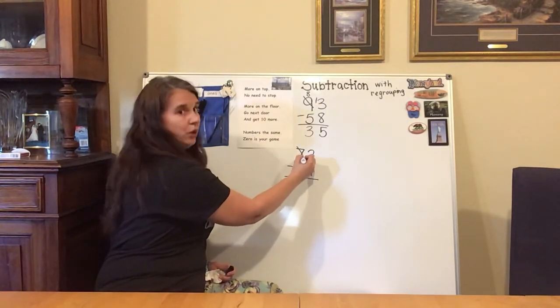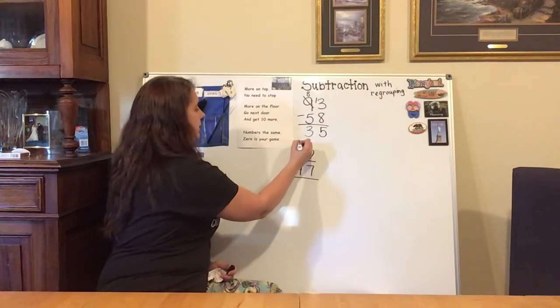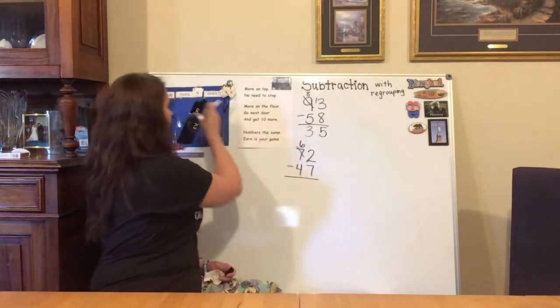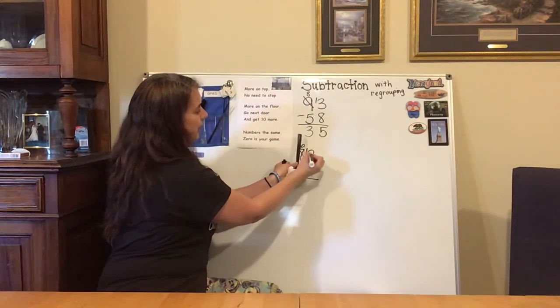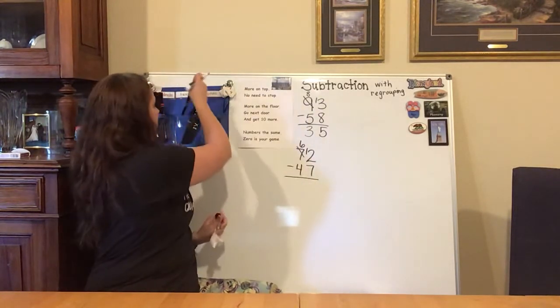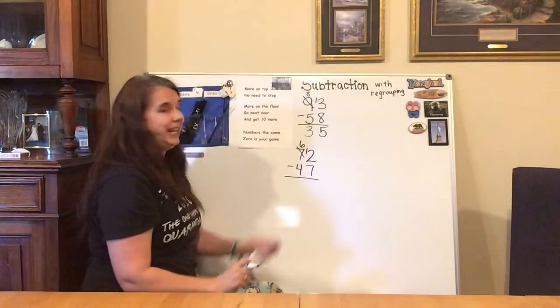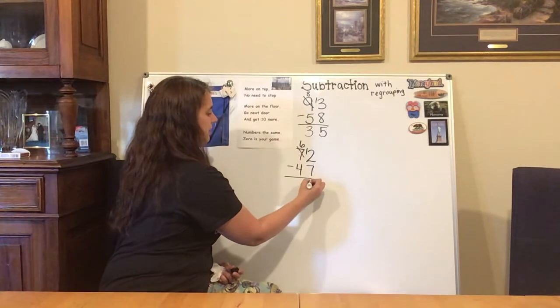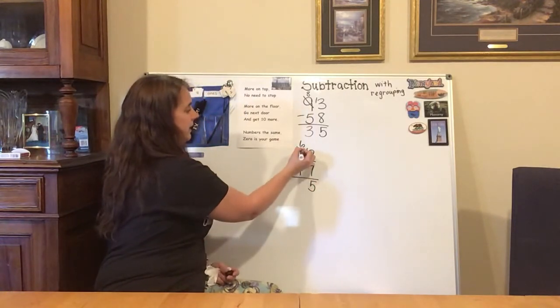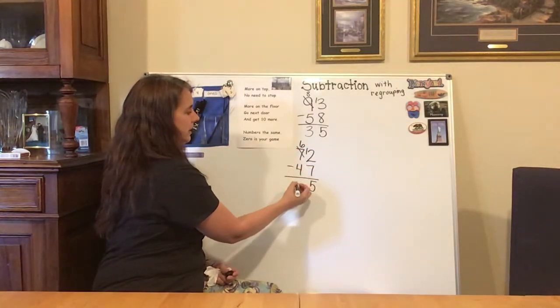Okay, because they're always good at sharing. So this now becomes a 6 because you took a bundle away, and now you're giving it to the 2. So now this becomes a 12. So 12 take away 7 is 5. And then 6 take away 4 is 2.